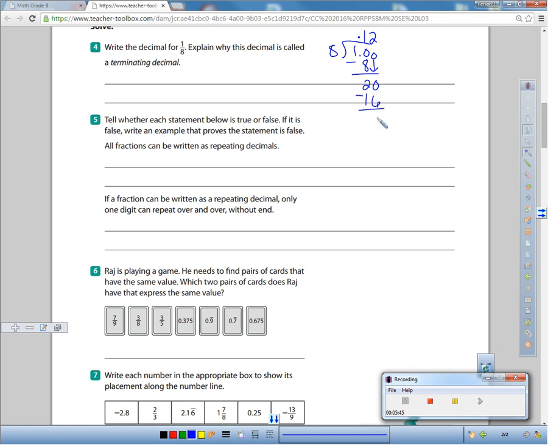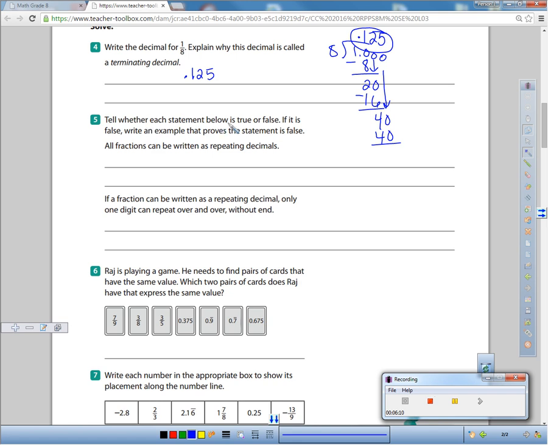And when I subtract, I end up with 4. Add another place value. 8 goes into 45 times. And at that point, 8 times 5 gives you 40. I have nothing left over. So there's nothing left to divide out. It terminates or stops because I don't have to keep repeating anything. It terminates after that 5. Okay? So you would explain that based on your work here.